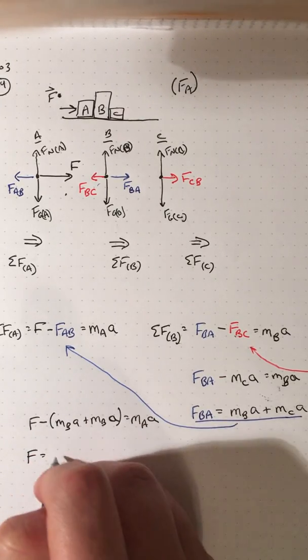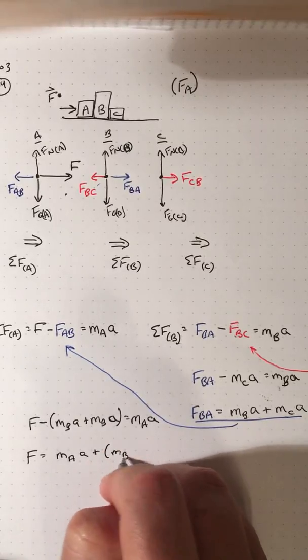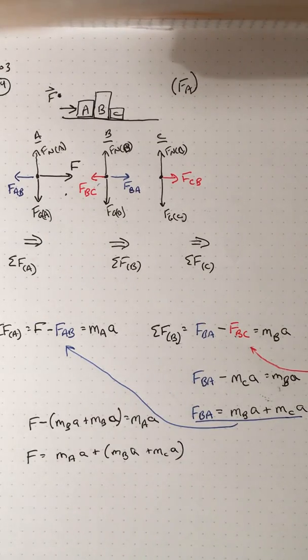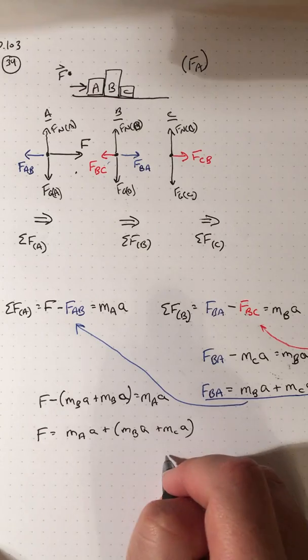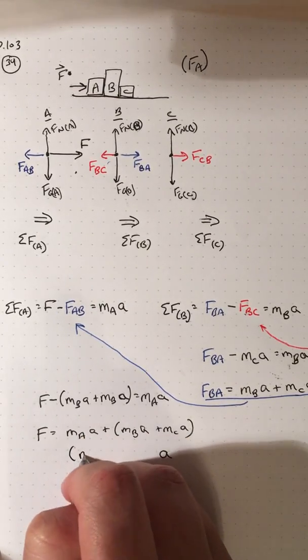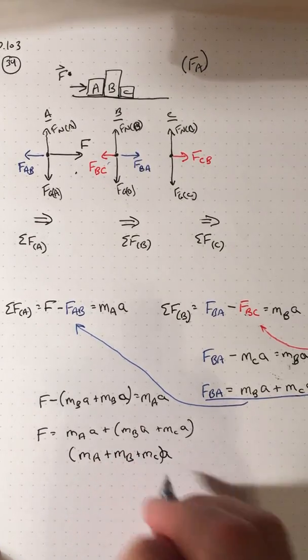So now I have F equals MAA plus MBA plus MCA. And to make it even simpler, we're going to factor out an A from this whole thing, and say this is MA plus MB plus MC.